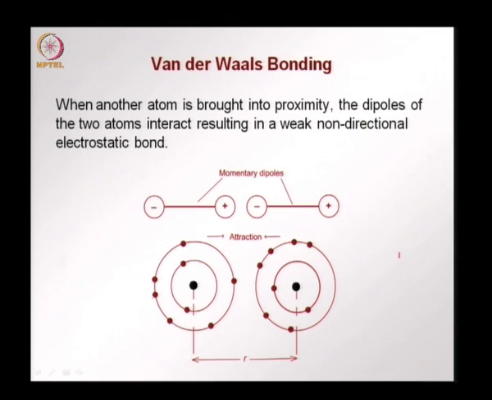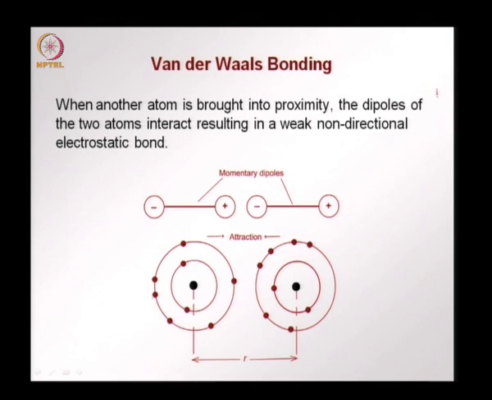And when you have atoms interacting with each other, one atom coming close to another atom, we could have the dipoles interacting with attractive forces occurring between the atoms when the negative charged end of one of the atoms is attracted by the positive charge end of the other atom.